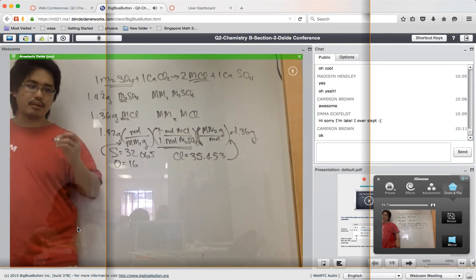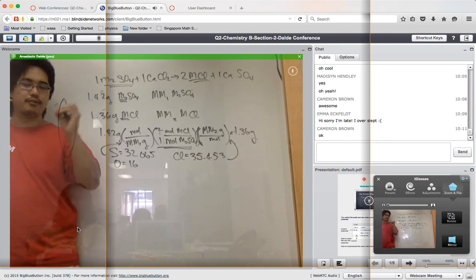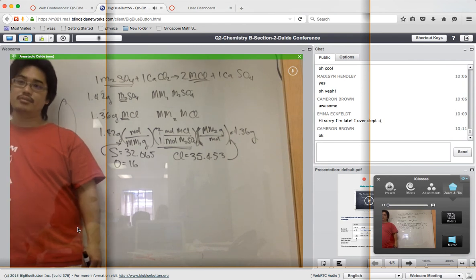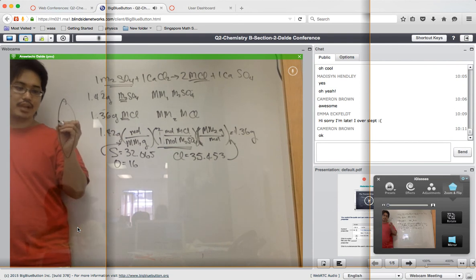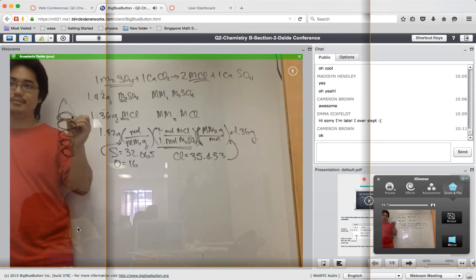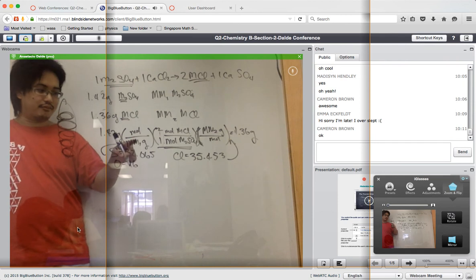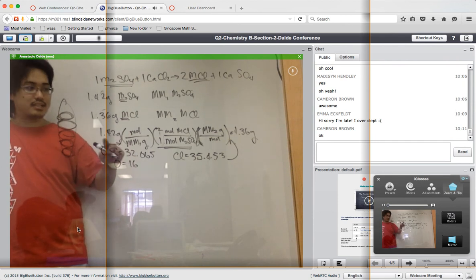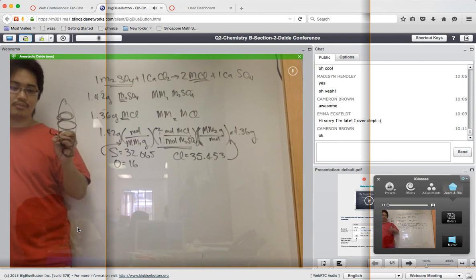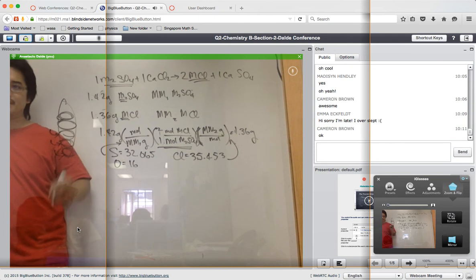So it's probably in the first column of your periodic table. I would choose different atomic masses of the different elements in the periodic table, put that in for my M over here, and see if this equation works. Because only one of them will have the correct amount of atomic mass. And when you do that, you can find exactly which one it is. That's what I would do.